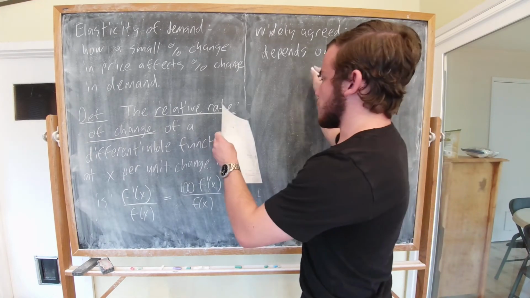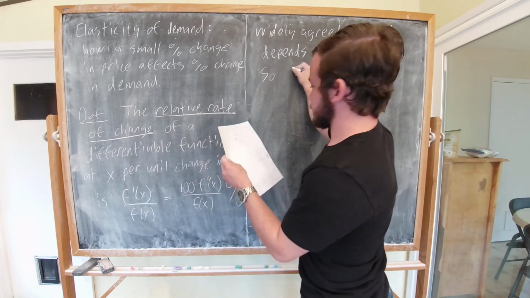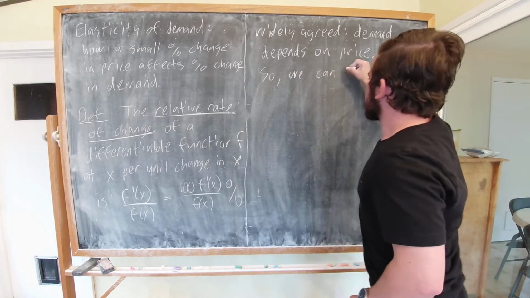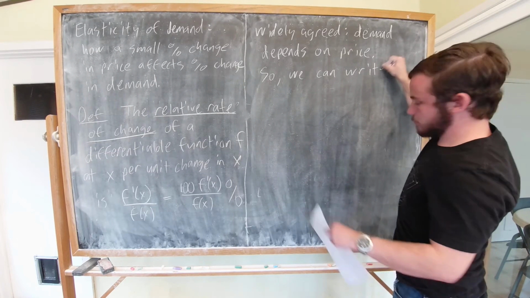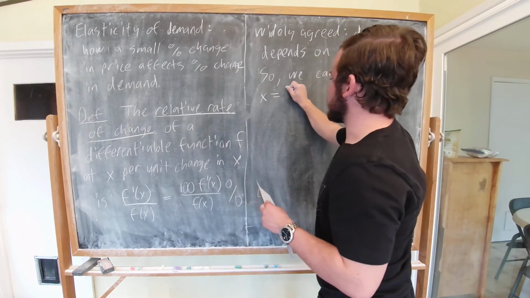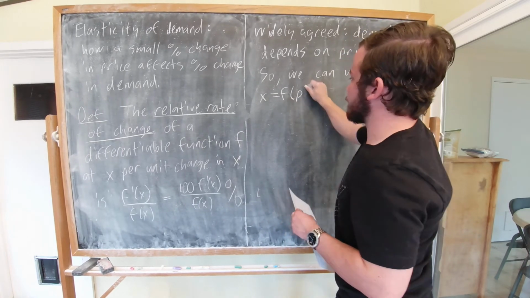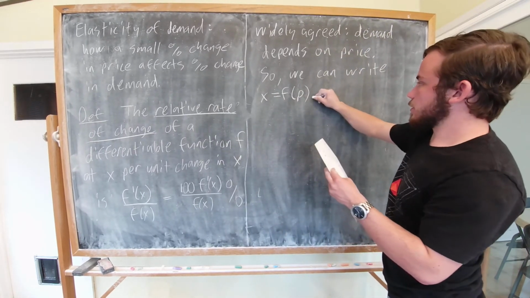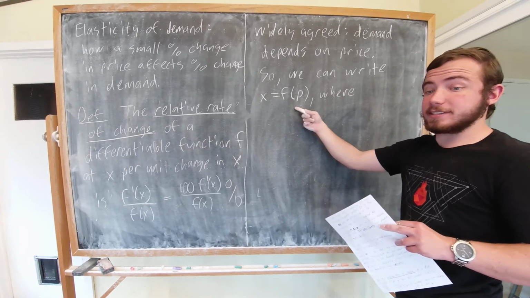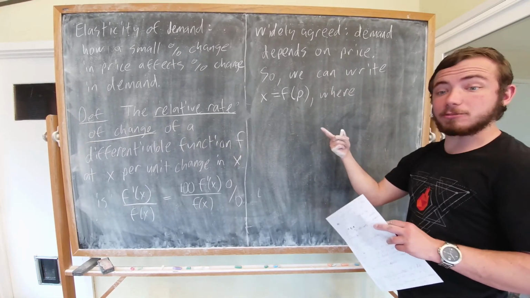Okay, so we can write x is equal to f of p. Careful, this is not the same f as in our f of x where we had p equal to f of x.